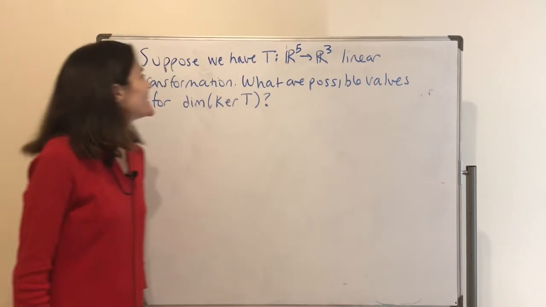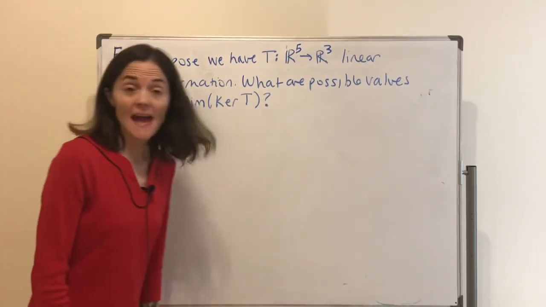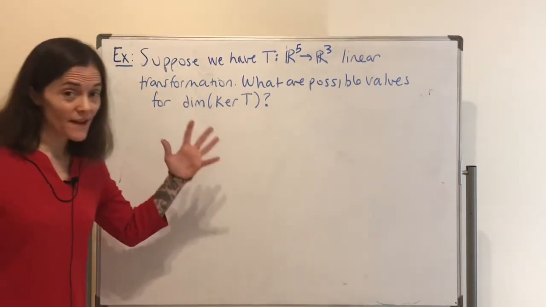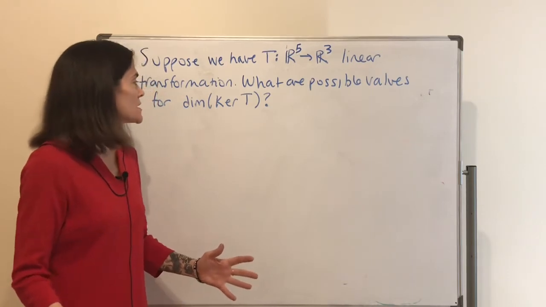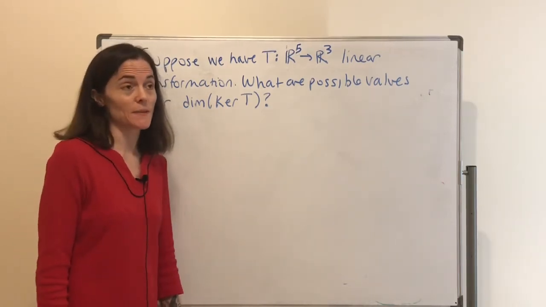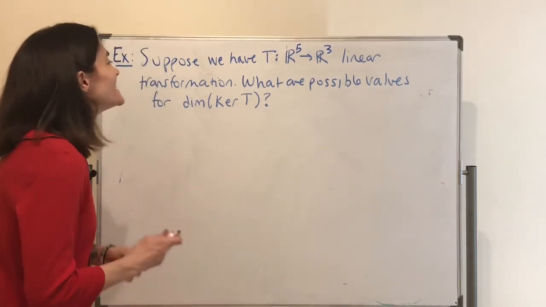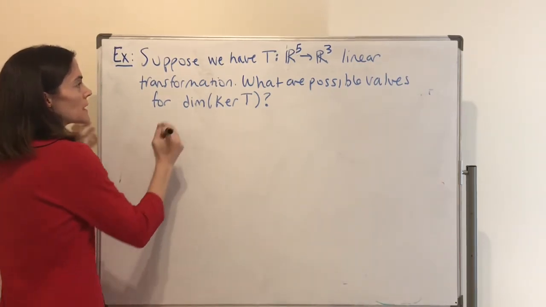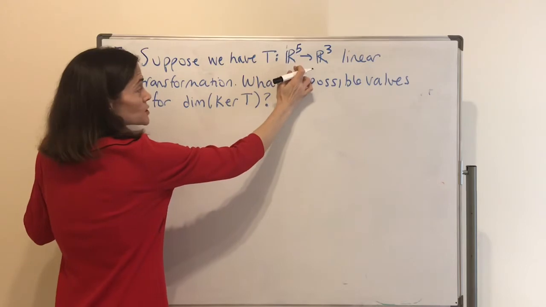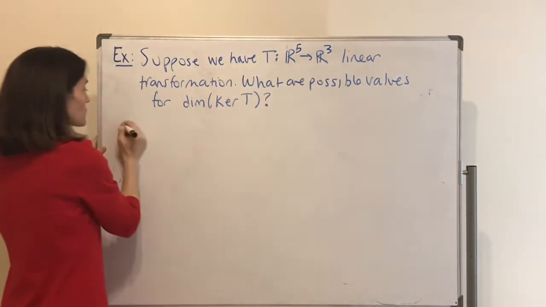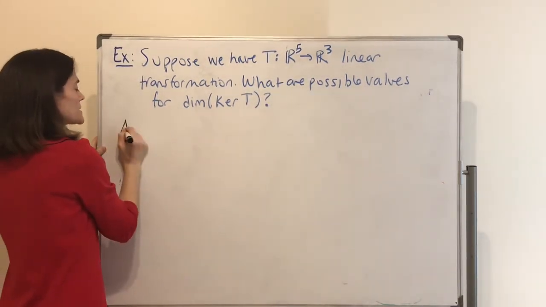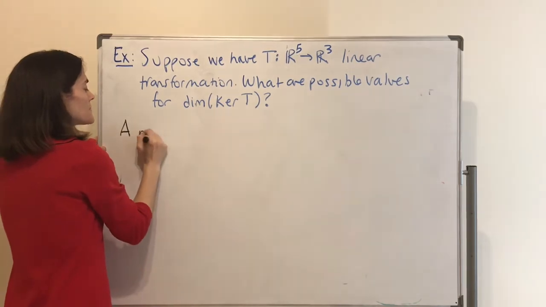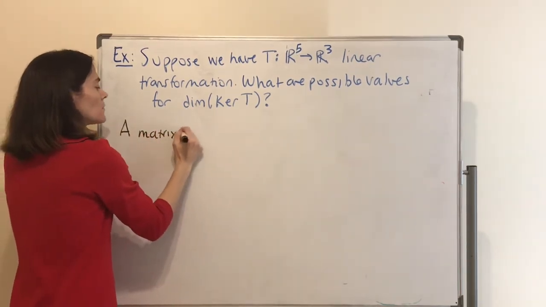Okay. In this one, suppose we have a linear transformation from R5 to R3. The question is, what are possible values for the dimension of the kernel? Well, okay, here we go. What do we know? If you have a linear transformation from R5 to R3, you have a corresponding matrix A. This is the matrix for the transformation.